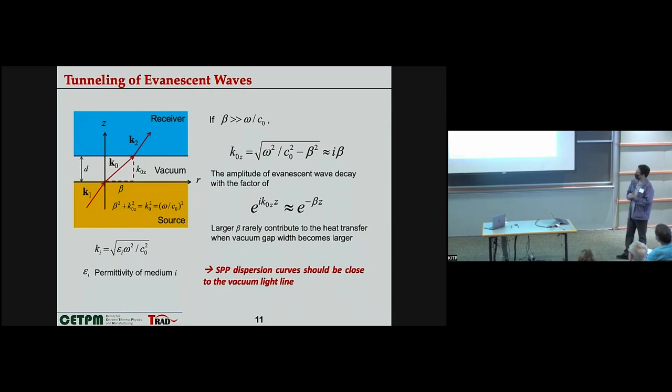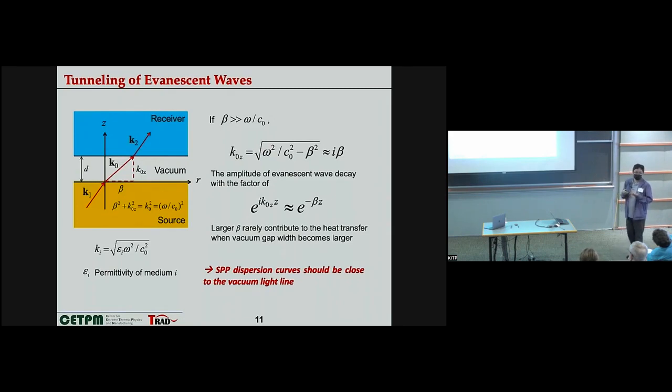And if we see the amplitude of the evanescent waves, it decays like an exponential of minus beta g, where g is the distance from the surfaces. So larger beta rarely contributes to the heat transfer when the vacuum gap width becomes larger, because these evanescent waves with a high parallel component of the wave vector quickly decay and cannot reach the other surface.